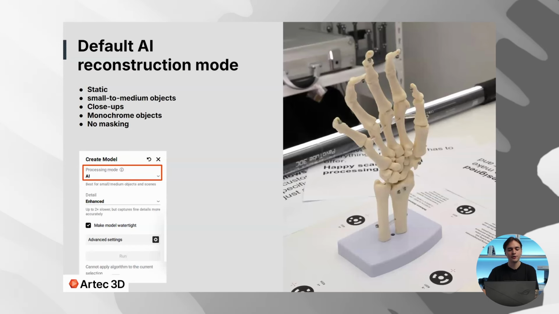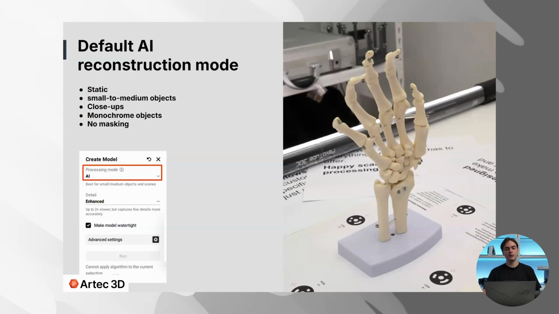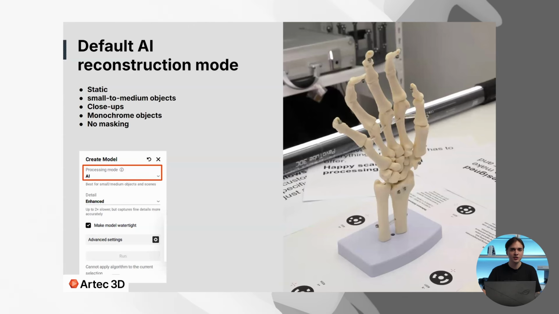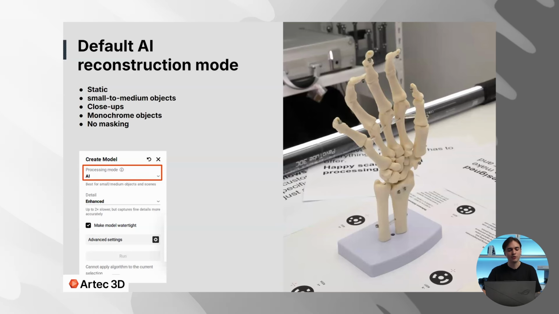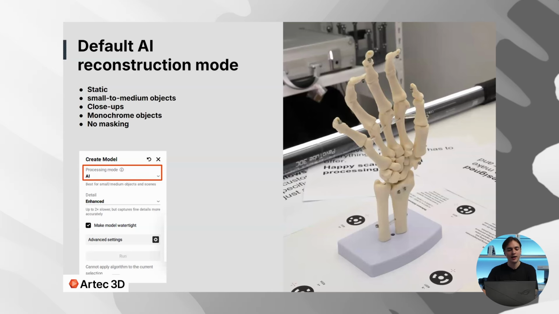Let's talk about the default AI reconstruction mode without masks first. So let's say you're scanning an object that does not have that many features. Your object is small to medium size, and the example is this 4-arm model. So I would say that it's quite small in its size.